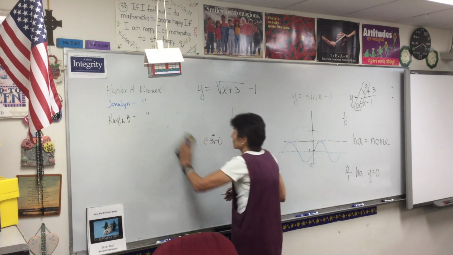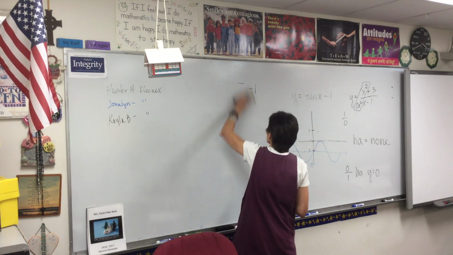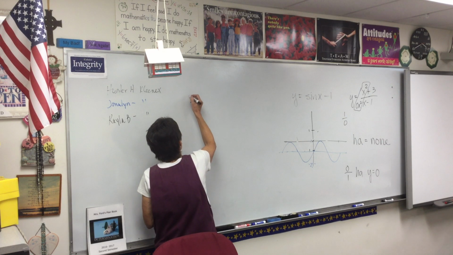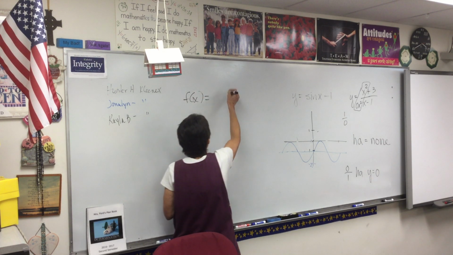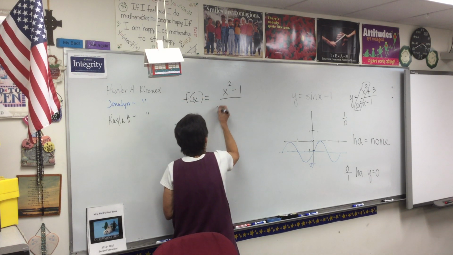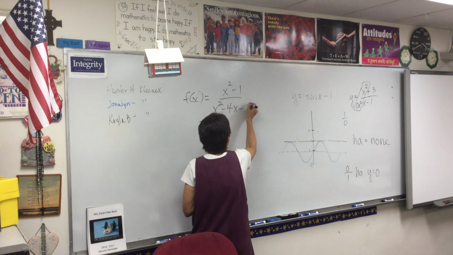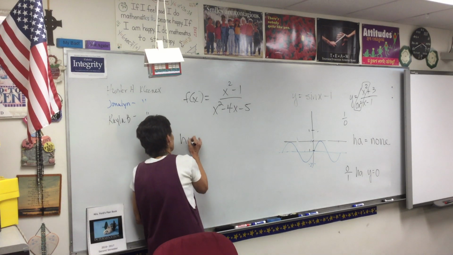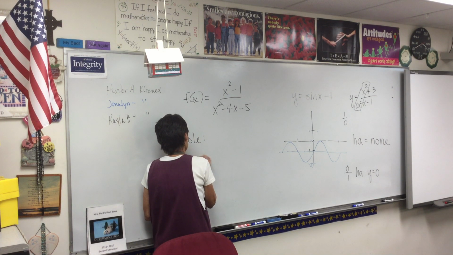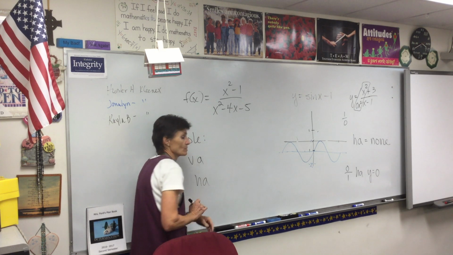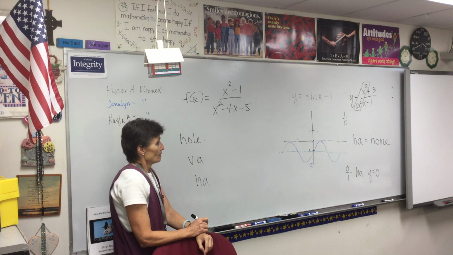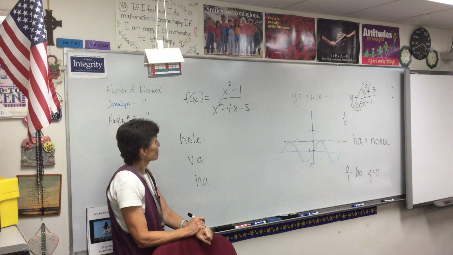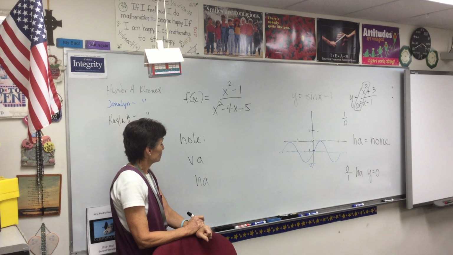Another thing that we have trouble with sometimes is figuring out exactly where the hole is, if we have one. So let's say we've got this. Okay, this is our problem. And we're finding the holes, the vertical asymptotes and the horizontal asymptotes. What's the first thing we need to do? Factor.